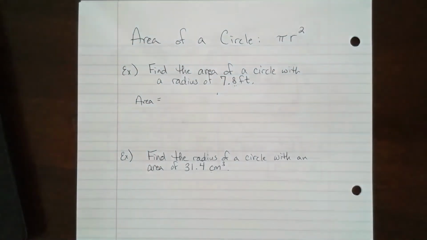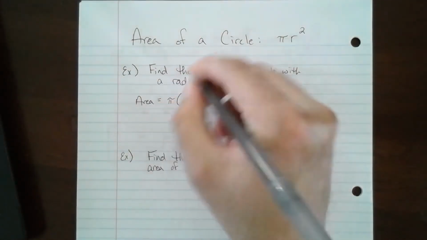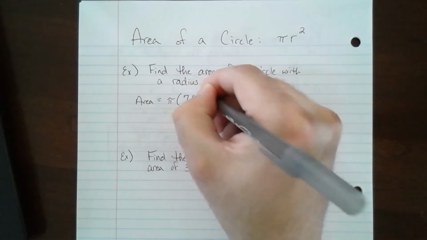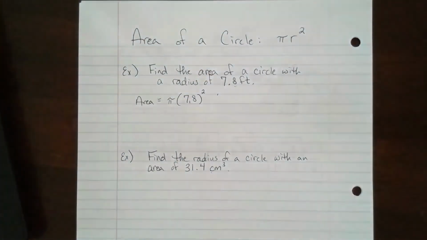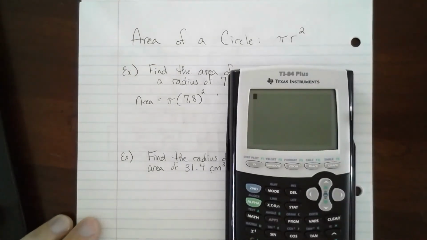The biggest thing to understand here is that you just have to be able to type things into a calculator, right? So we're going to put pi right here. We're going to drop a 7.8 in parentheses and square that. Now, the parentheses are not all that necessary here. If you're very careful about how you do things, all I would suggest is just make sure that you're using the actual pi key. I mentioned this in my last video about not rounding pi because it can throw things off.